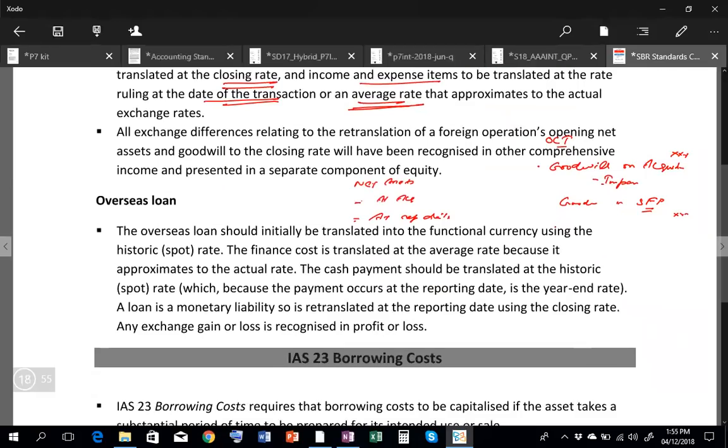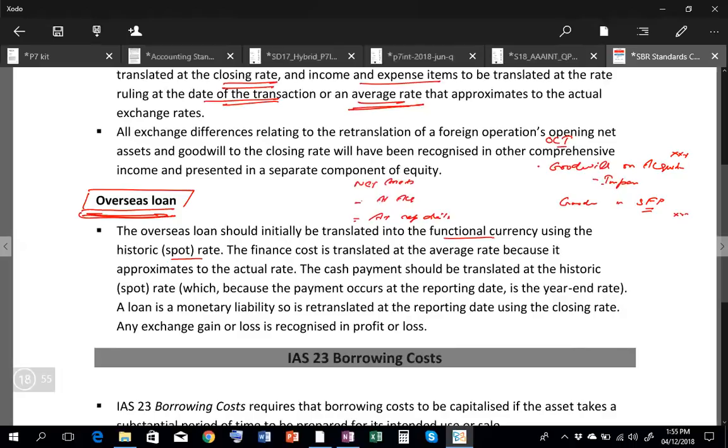And one more important thing is the overseas loan, and this is again an important thing for the exam. When you have taken the loan, that is a different date, and if you have settled it, there's a different date. If it is unsettled, there's a different rate. So the overseas loan should be initially translated into functional currency using the spot rate, obviously the date on which you have taken the loan.